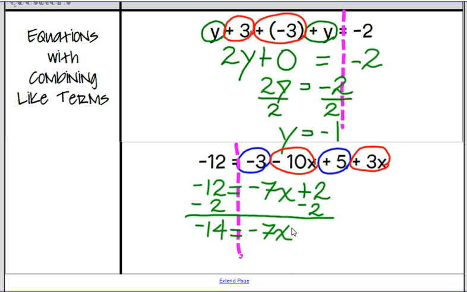To undo this multiplication between negative 7 and x, I'm going to divide by negative 7. So then x would equal negative 14 divided by a negative 7 would leave me with x to be a positive 2. So those are working with equations with combining like terms. So next we're going to look at some examples of equations with the distributive property.